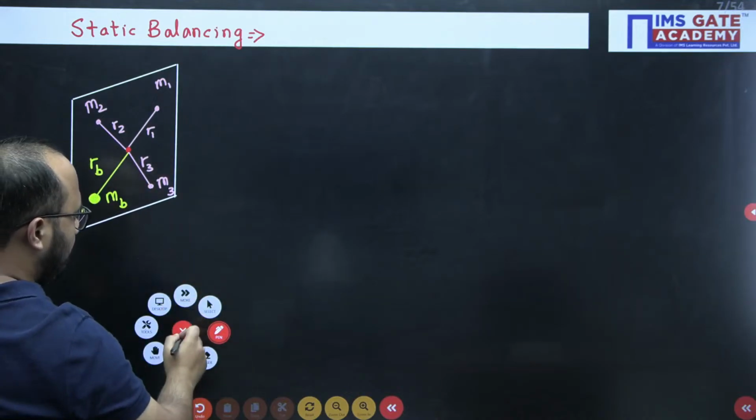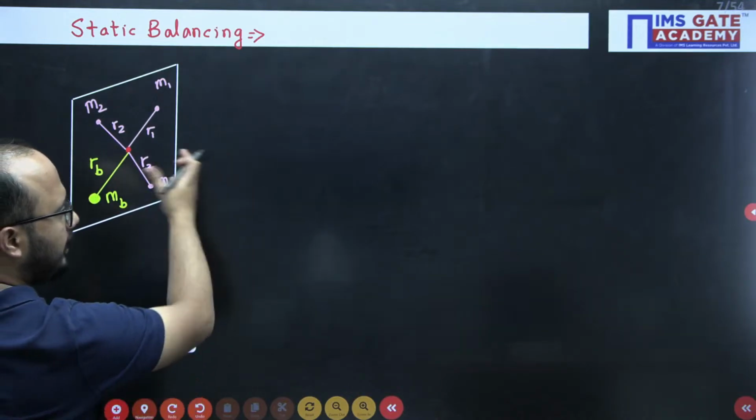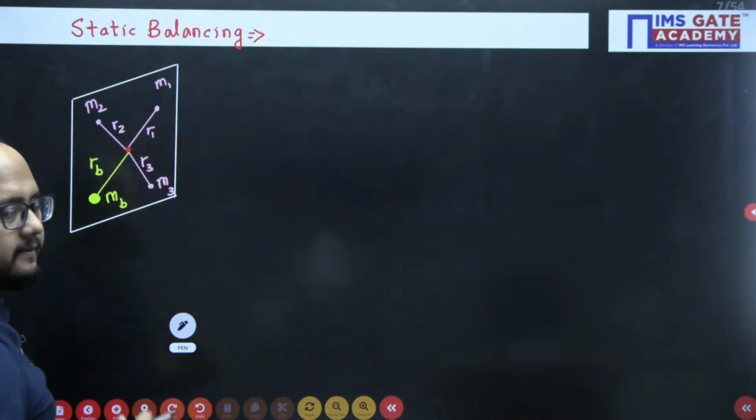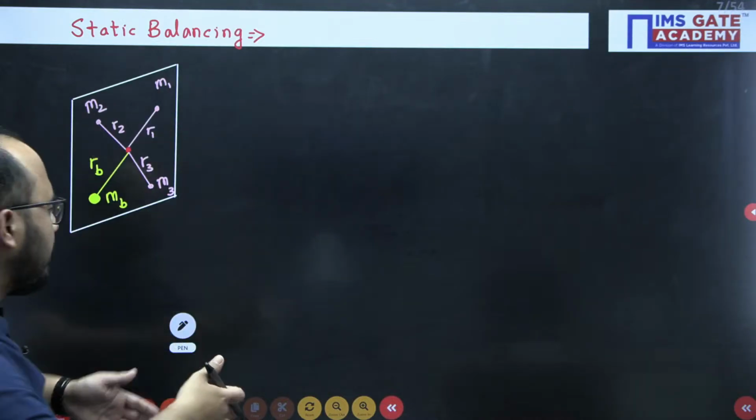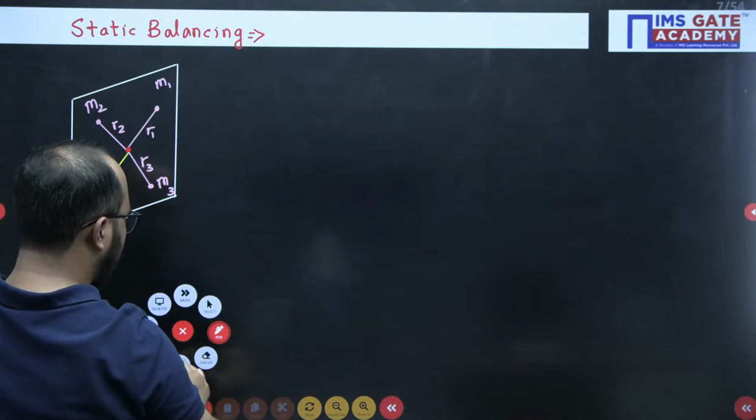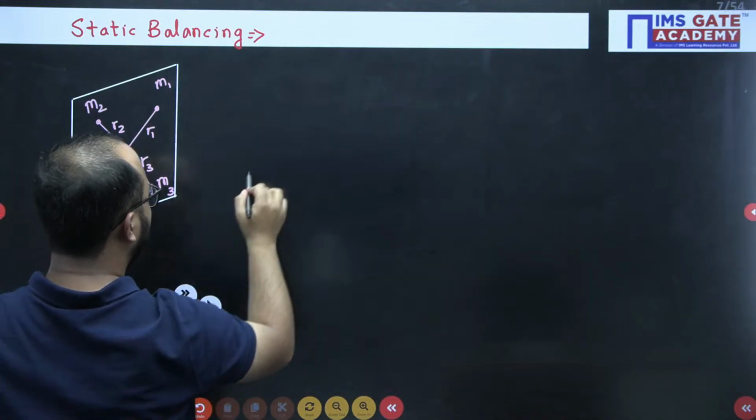So let us draw this diagram in the front view, because we are observing from the side, that's why I have drawn it like this. But while solving a question, I will simply draw this in a rectangular coordinate system.